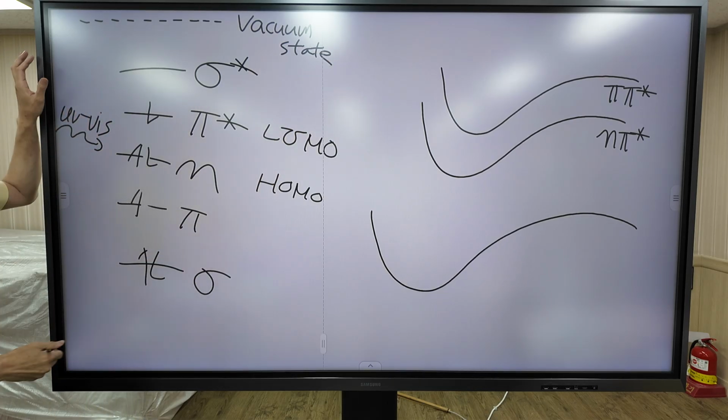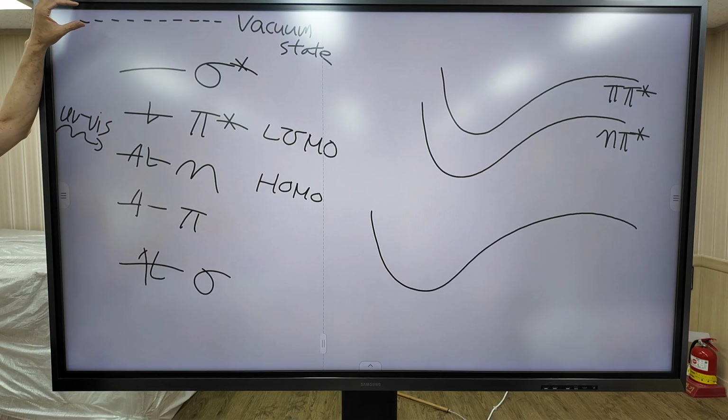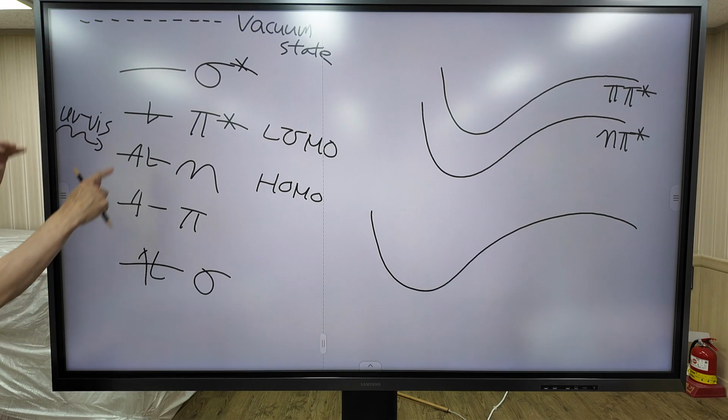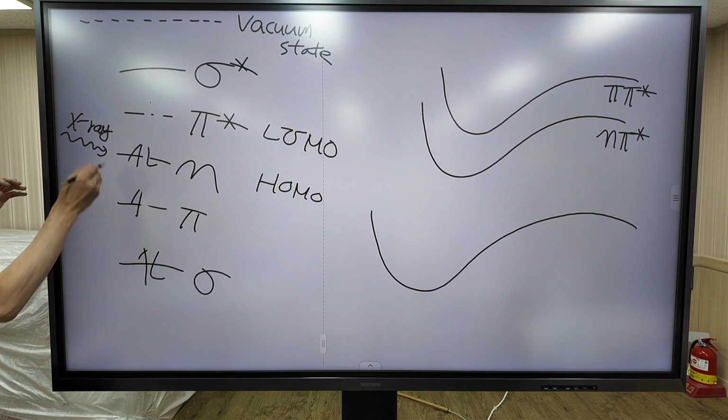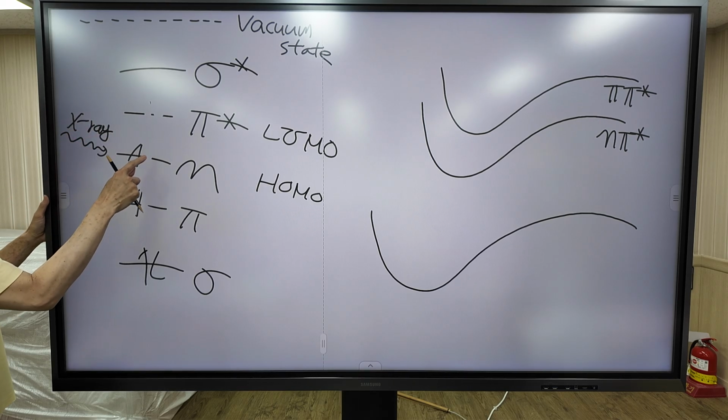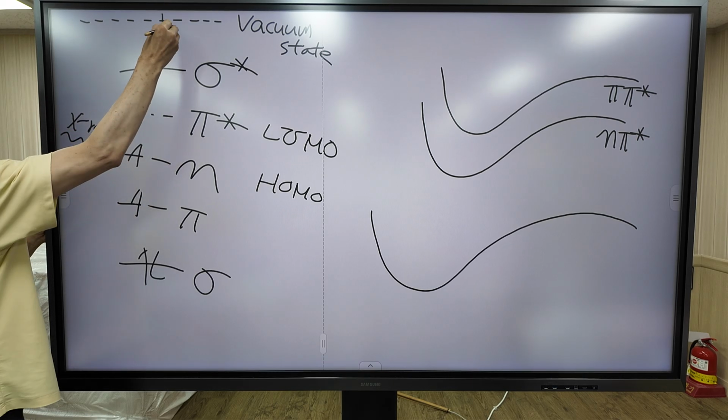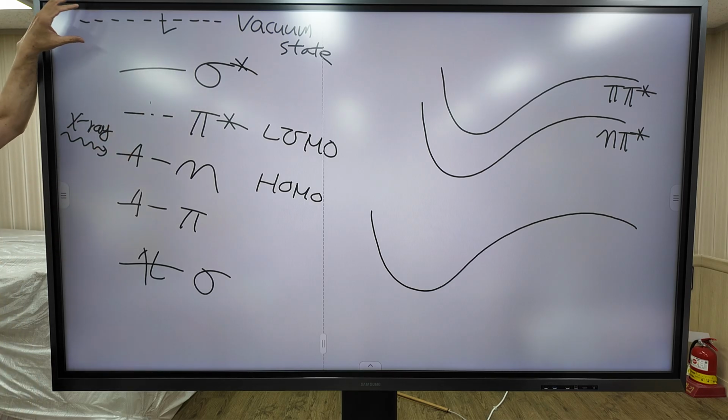When the electron is in the vacuum state, the electron faces no attractive interaction from the nucleus. So when the electron is in the vacuum state, the electron is free from the nucleus. The molecule is ionized. So when we use X-ray, the electrons in non-bonding orbital are promoted to the vacuum state, forming a cation.